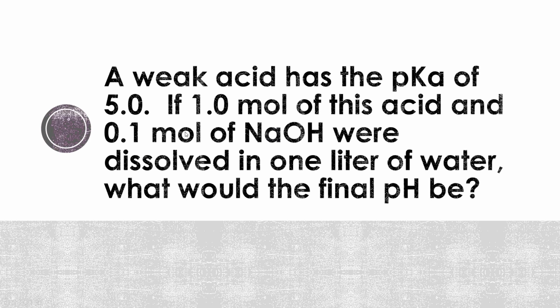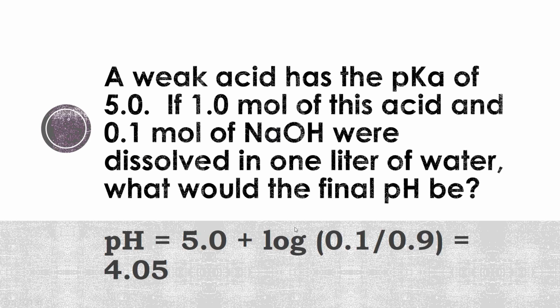So when I set this up, I'm going to have 0.1 mole of A minus and 1.0 minus 0.1 moles of HA. So what this is going to look like in the Henderson-Hasselbalch equation is the pKa plugged into the formula, 5.0 plus the log of A minus, so 0.1, divided by HA, 0.9, giving me a final pH of 4.05.